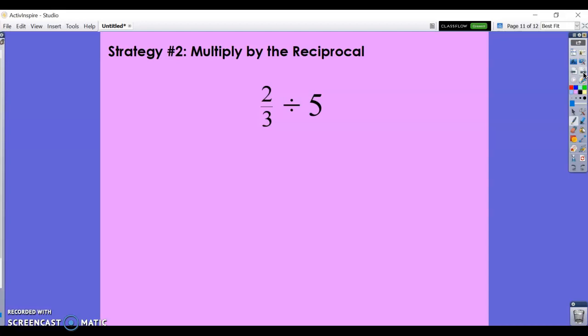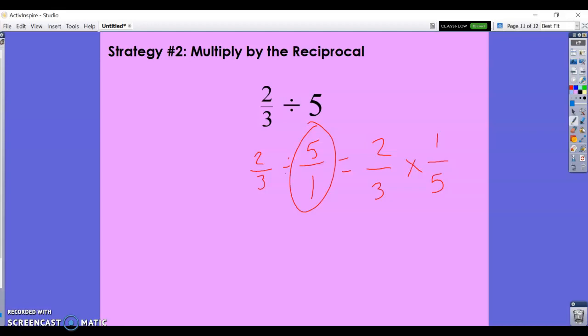So if I have 2/3 divided by 5, I know that I can write 5 as a fraction, as 5/1. And if I'm going to multiply by the reciprocal, I'm going to rewrite this as 2/3 times 1/5. All I did was flip this fraction here so that I could multiply.